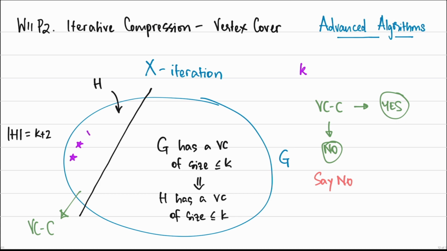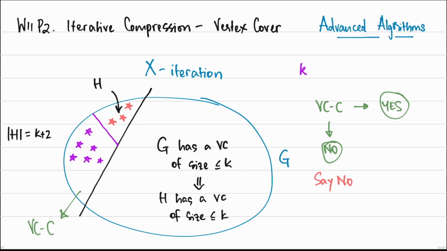So this is now some set of at most k vertices that forms a vertex cover, and now there's going to be at least 2 vertices outside, maybe more, right? So this is the solution reported by the vertex cover compression algorithm. And remember that this is only solved for H. This has given us a solution of size at most k for this k plus 2 sized subgraph of G.